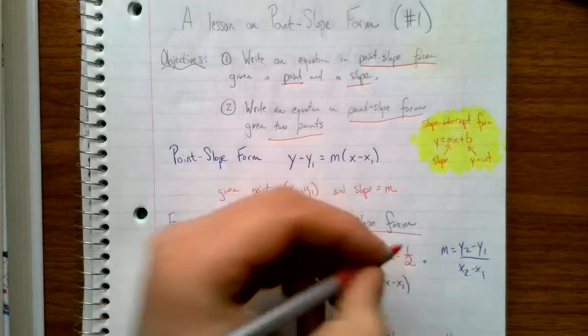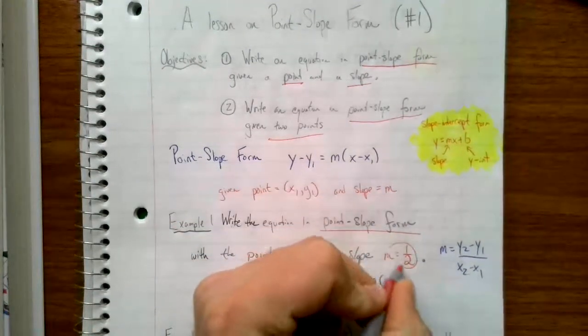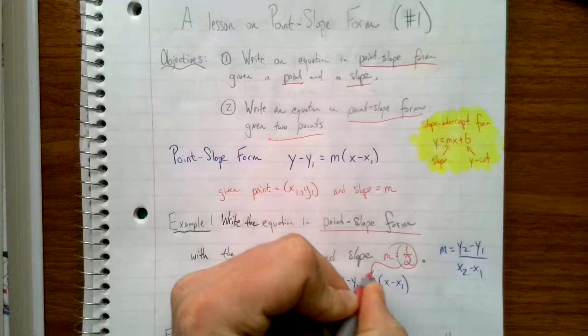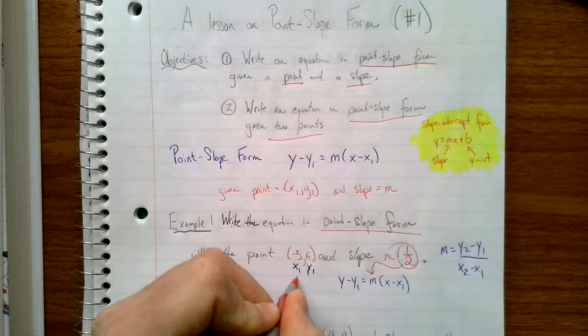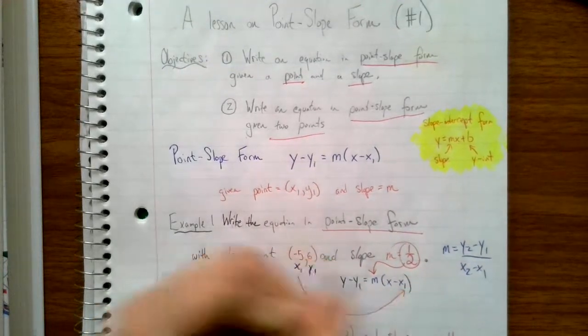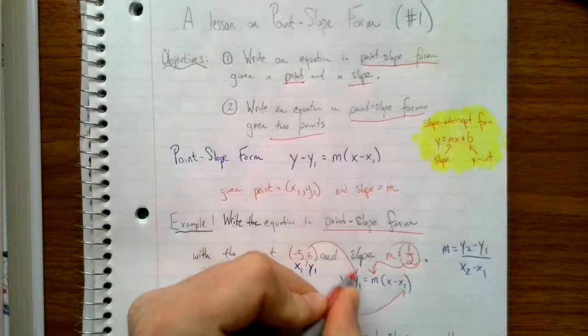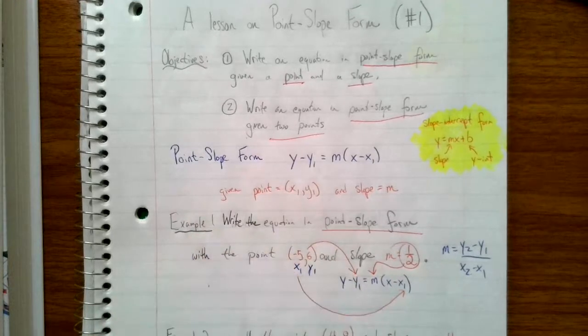We're simply going to take these various pieces and substitute them into the equation, into their corresponding locations.